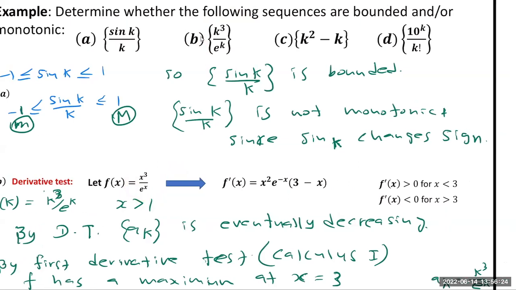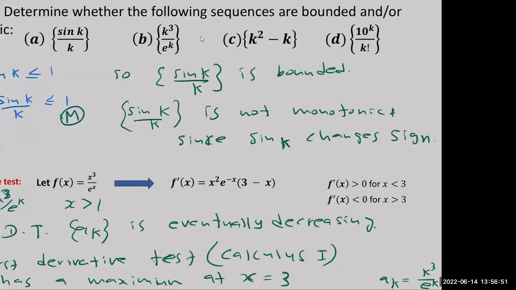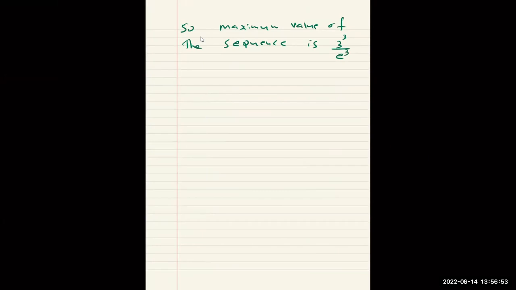So the maximum value of the sequence is 3 to the power 3 divided by e to the power 3.